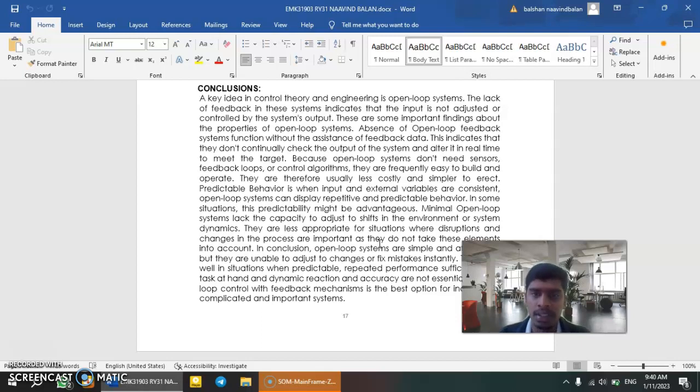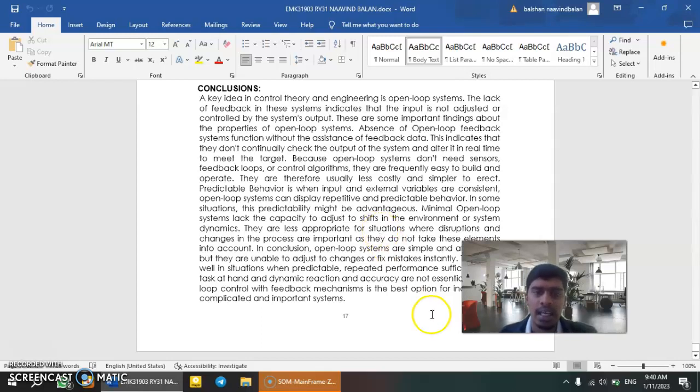For the conclusion, an open loop system functions without the assistance of feedback data. Because open loop systems don't need a sensor feedback loop or control algorithm, they are easy to build and operate. When the input and external variables are constant, the open loop system can display predictable behavior.